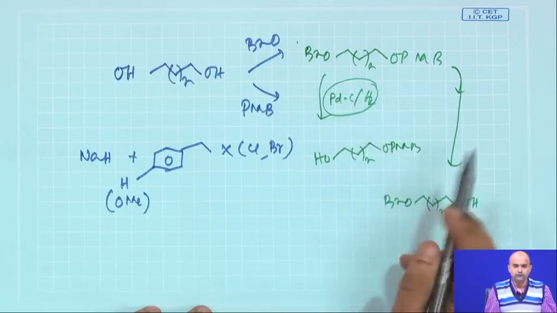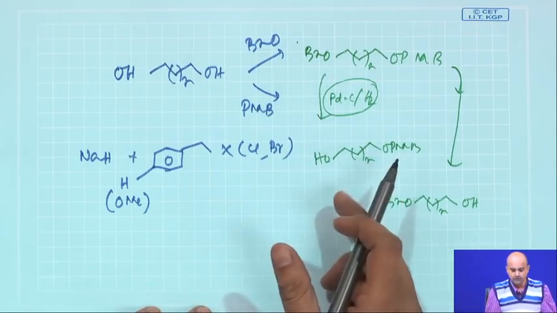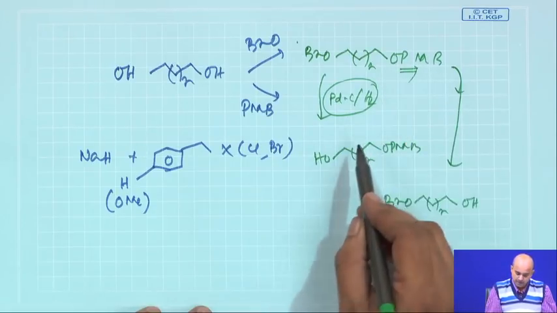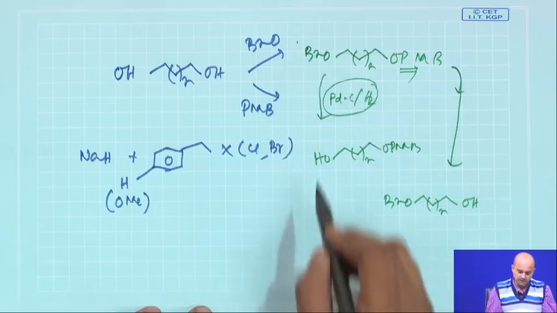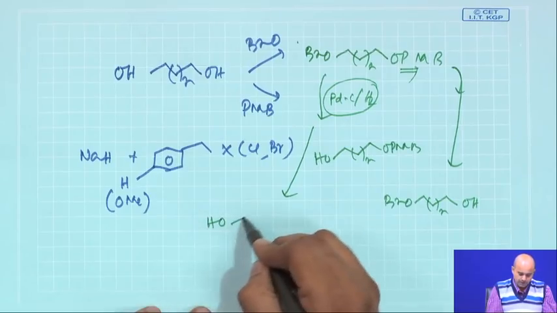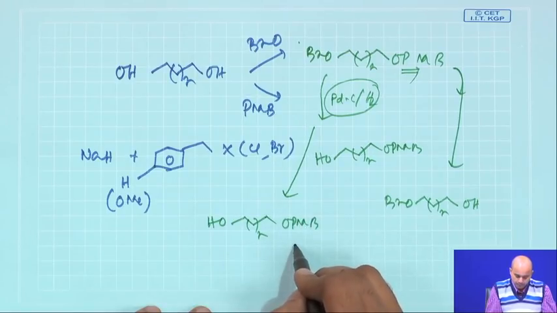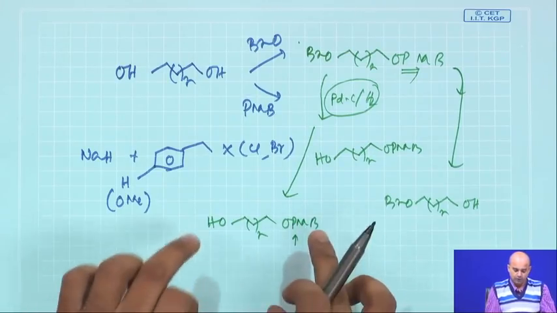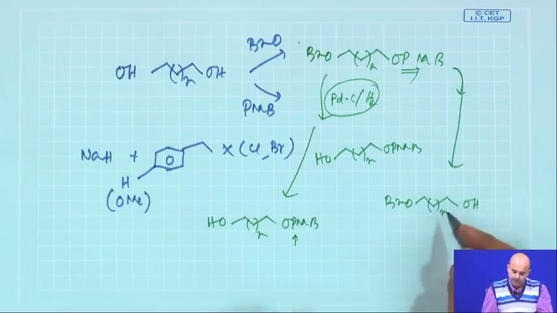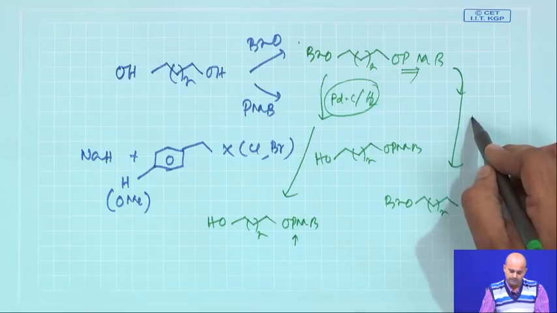Normally this hydrogenation is much faster with benzyl, but you probably cannot get 100% selectivity, because PMB also undergoes cleavage. So in the true sense benzyl is not exactly orthogonal to PMB, but the other way around, PMB can be selectively removed with 100% precision.